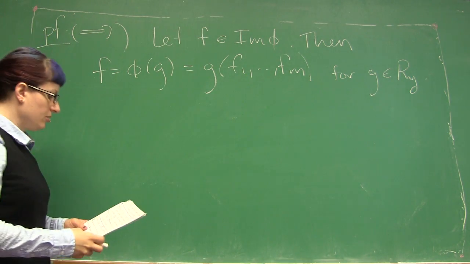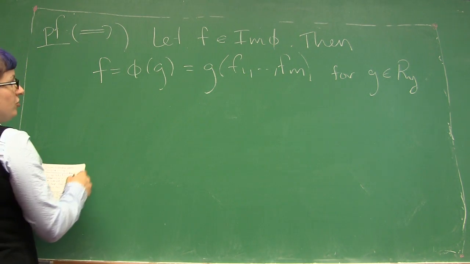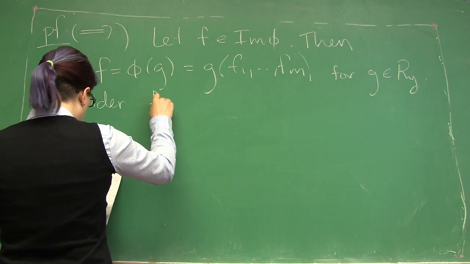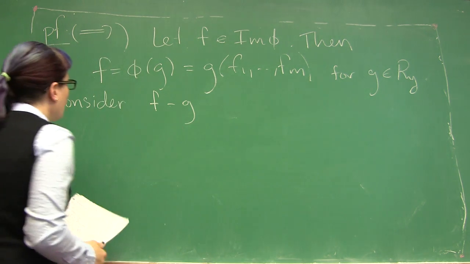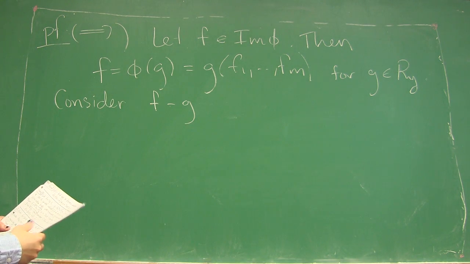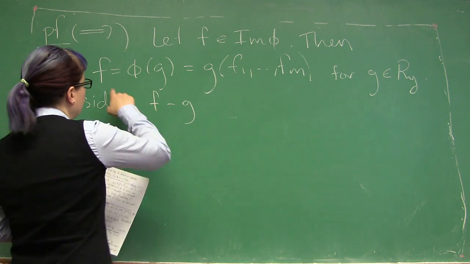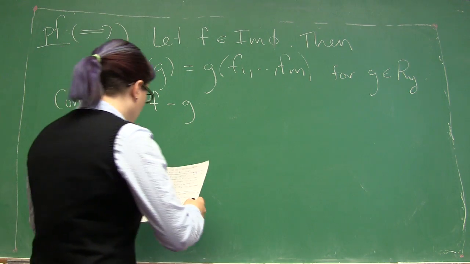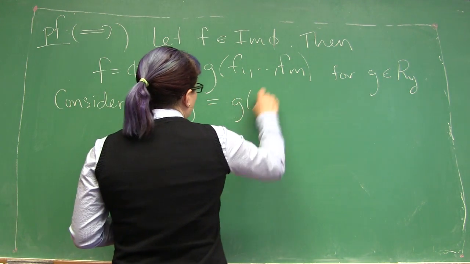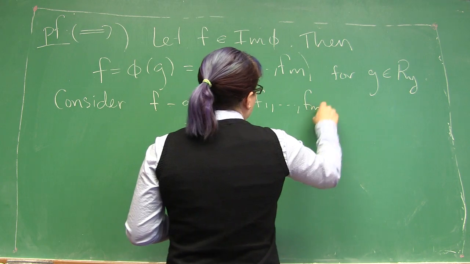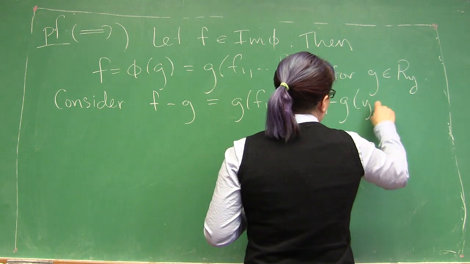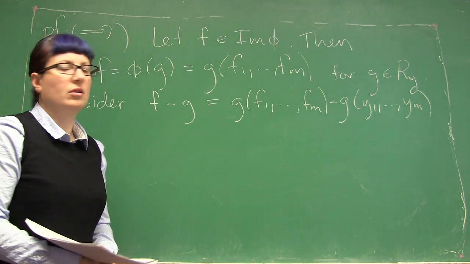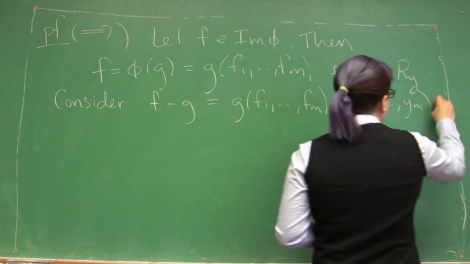So now if we consider the difference of f and g, because f as a polynomial in the x variables is actually g evaluated at the f's, we could rewrite this as g of f1 through fm minus g of y1 through ym. This is in the ring R[x,y].